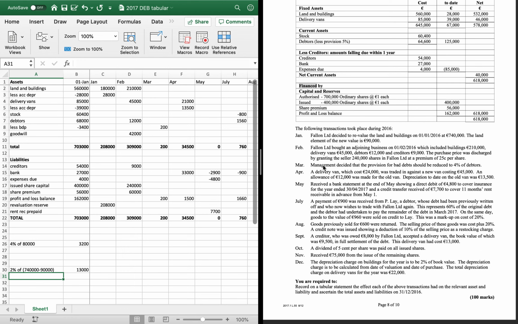Okay, so just remember to take away that land, and it's on the 1st of the 1st, so it's for a full year. Then on the 1st of February, you bought another building costing 210. So it's 2% of 210, but this time you only have it for 11 months. Tell me I have that wrong.